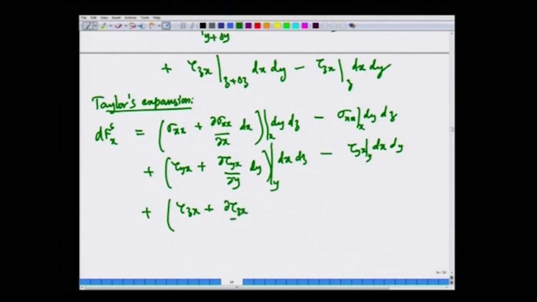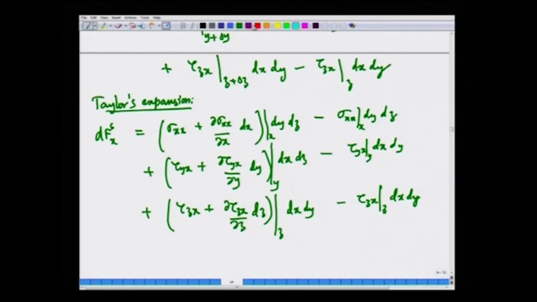Plus d tau_zx by dz times dz, evaluated at z, dx dy, minus tau_zx evaluated at z dx dy. You can anticipate the cancellation of several terms as follows.